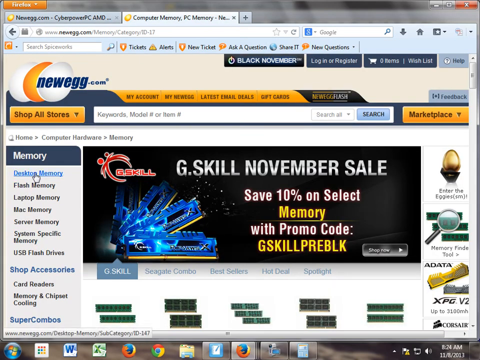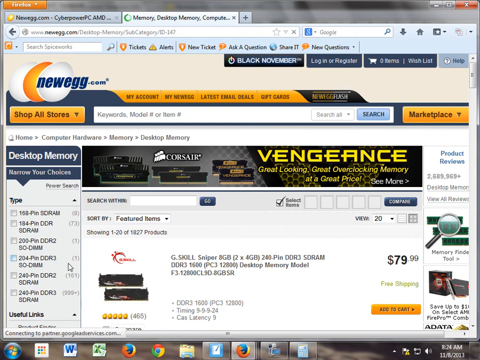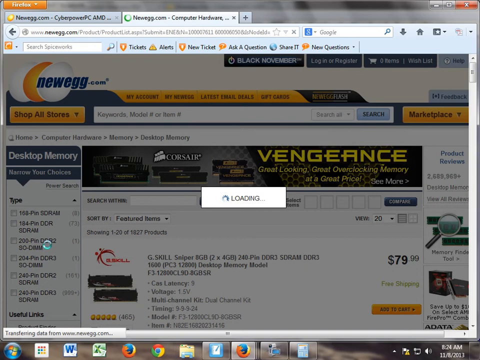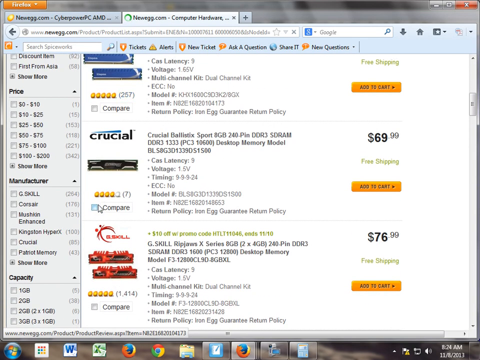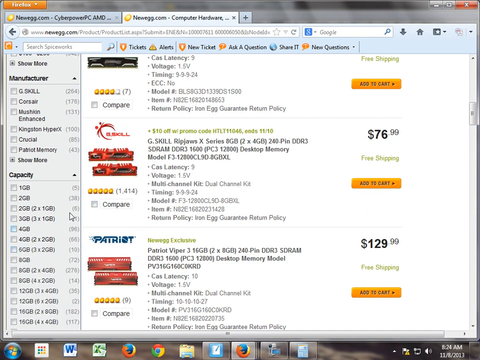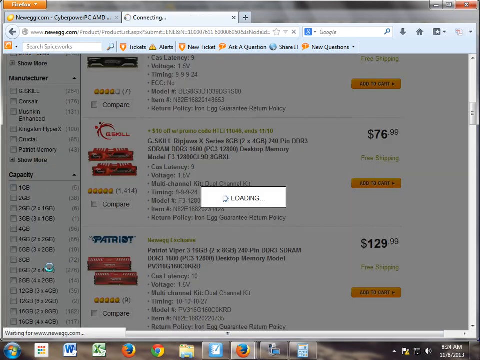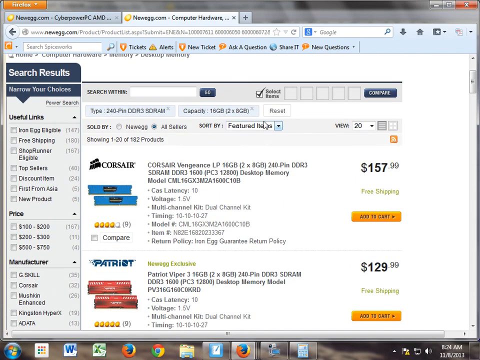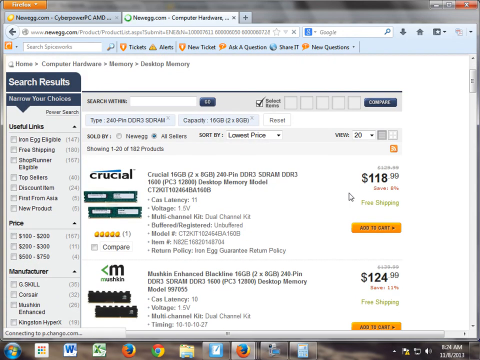So I'm going to go to my desktop memory, and I'm going to go to DDR3 right there, and then I'm going to say I want capacity, show more. I want 16 gig, 2 8 gigs right there, and I'm looking at some change right there. Let's see, I'm going to go by lowest price. The lowest price I can do that 16 gig for is $118.99. Okay, so $118.99 is the cheapest I can go to upgrade my memory.